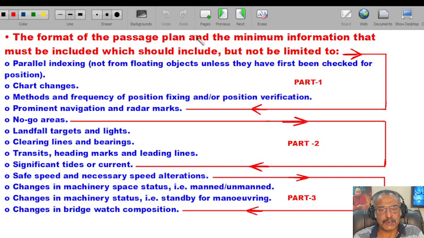The format of the passage plan and the minimum information that must be included, which should include but not be limited to. What are those? That's where I have delineated the whole comprehensive passage planning in 6 parts. The reason is not to overload you, so today I will be narrating and describing in detail part 1.